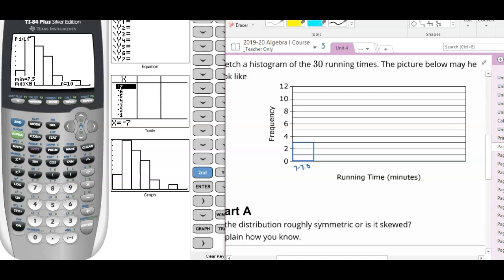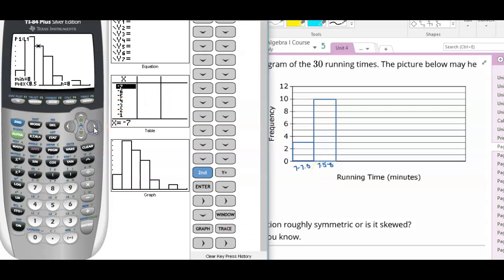So I'm going to pick another box, frequency of 10. Okay, that looks pretty good. They're kind of overlapping, so I need to slide it over just a little bit. And there we have it. This one goes from 7.5 to 8.